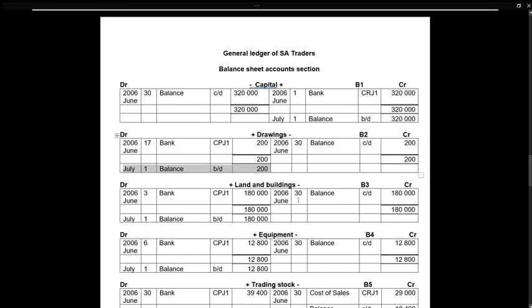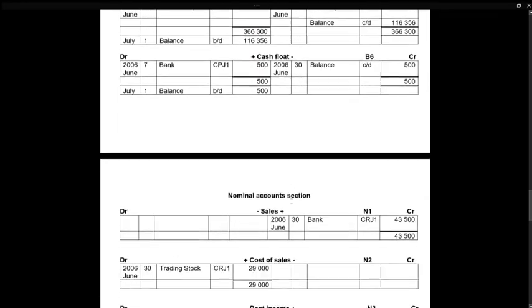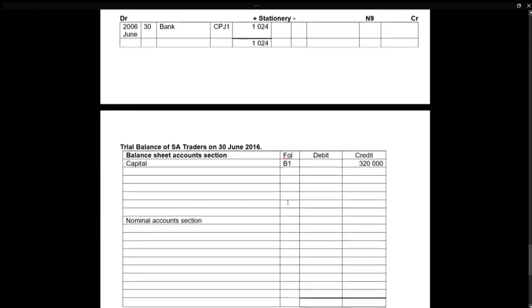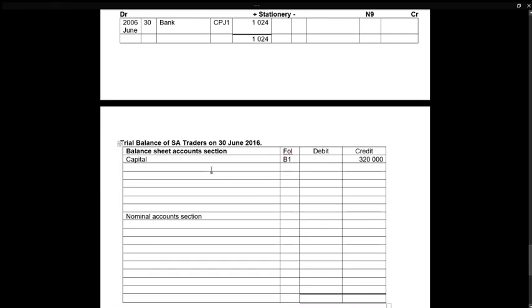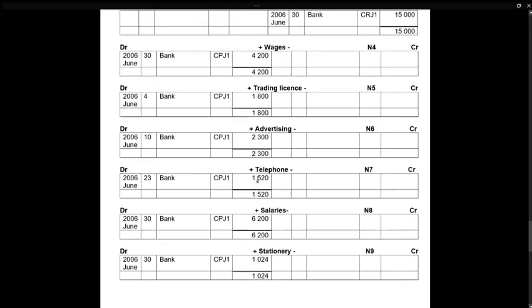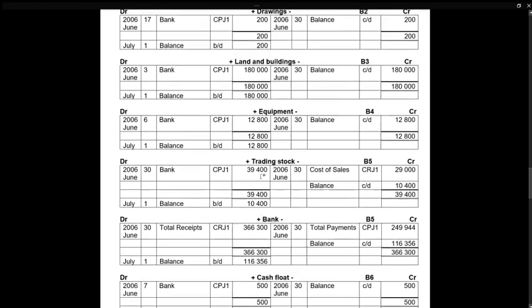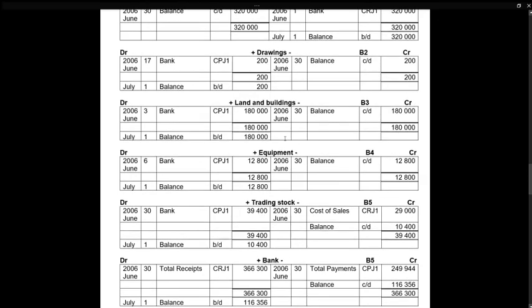Okay, drawings will be B2, balance of 200 Rand in the debit side. Let's go and fill that in. Drawings, remember this was B2 and that amount was 200 Rand in my debit side. Okay, next one, let's go and have a look. Where's B3? Land and buildings.